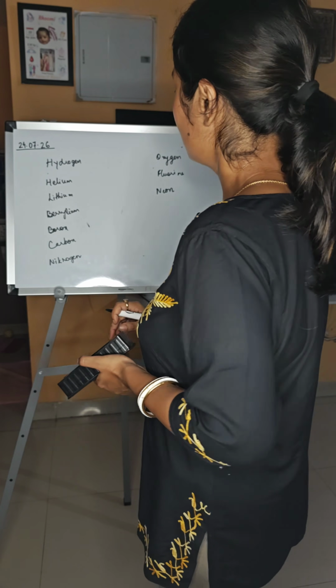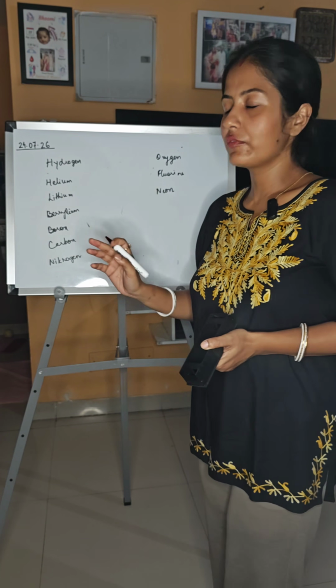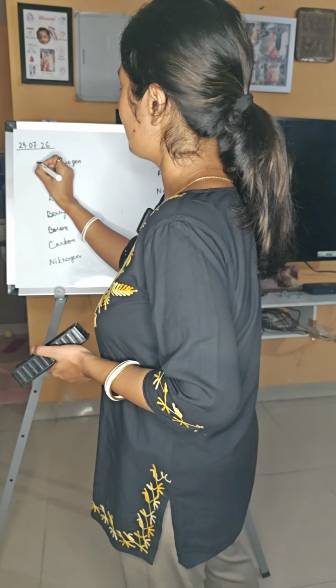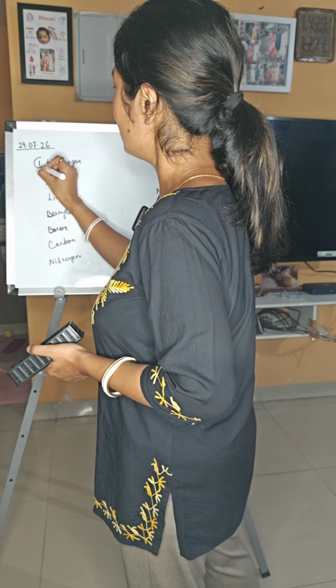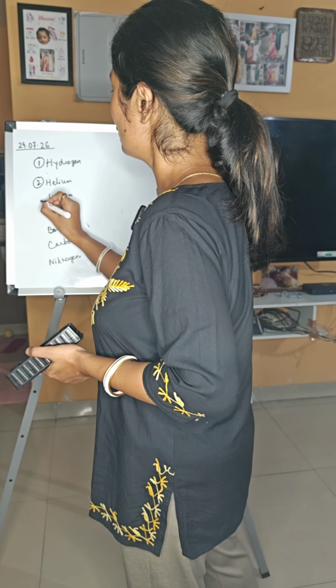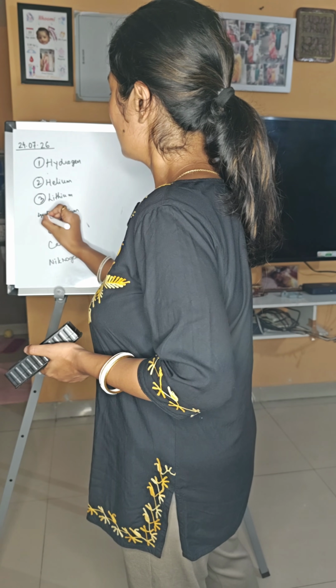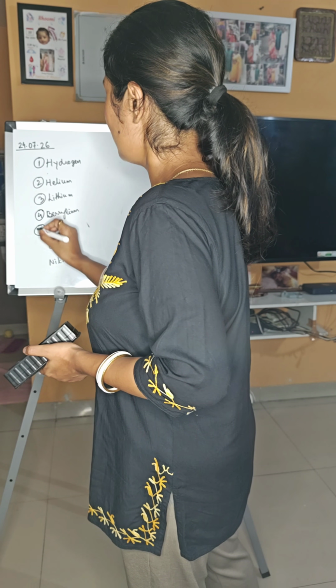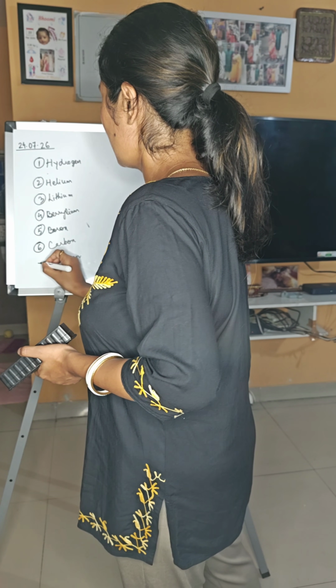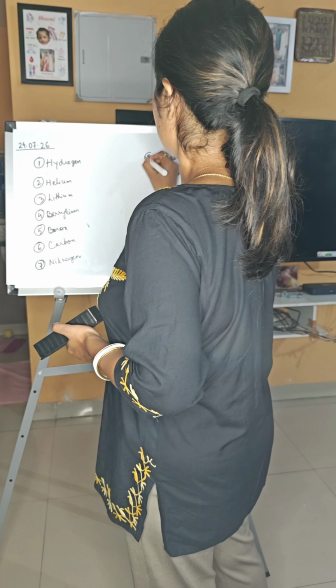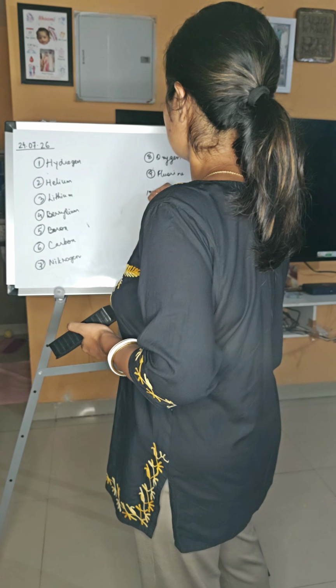Okay, these are the first 10 elements of the periodic table, and their atomic numbers are: this is 1, this is 2, 3, 4, 5, 6 and 7, 8, 9, 10.